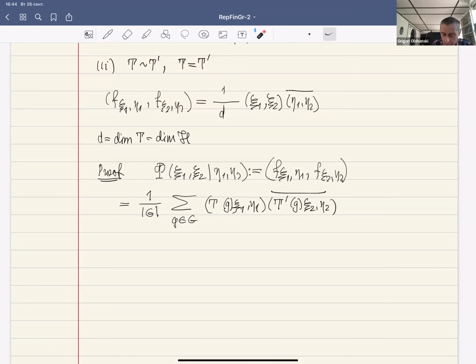And likewise, if the etas are fixed, this is also a form which is sesquilinear, namely it is linear in this variable and antilinear in this variable. And by the lemma, this implies that this is equal to some constant times the scalar product in question.